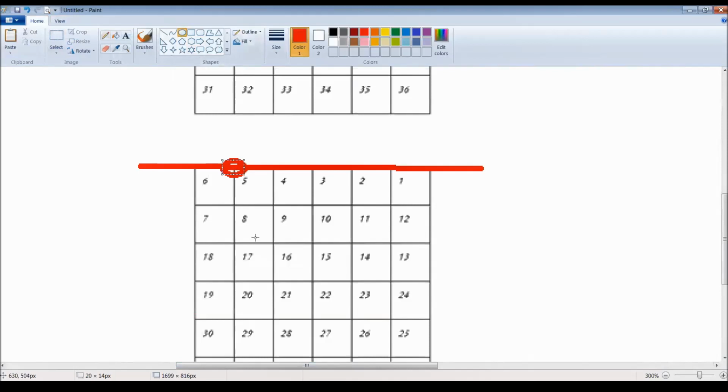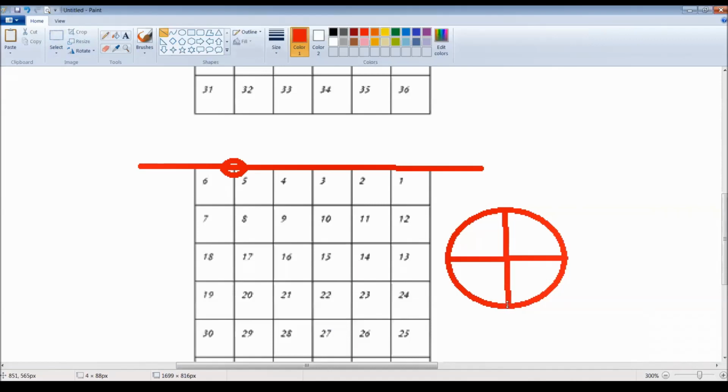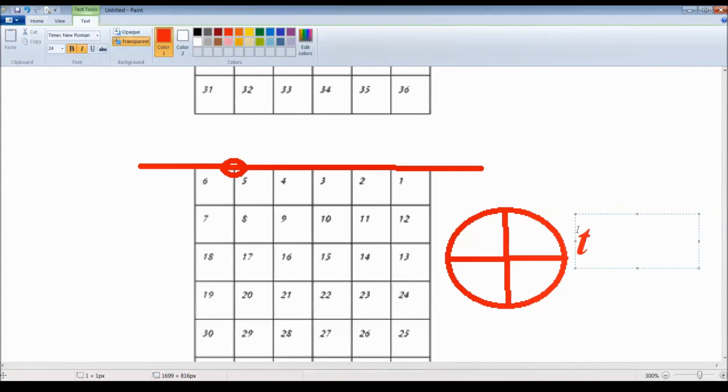When we take the marking of the townships, it will look something like this. It will have a cross here saying, just for simplicity, township, let's say 2 north, range 1 east.